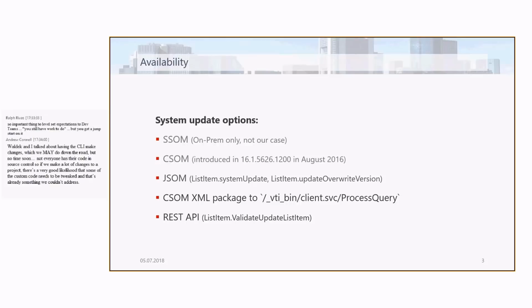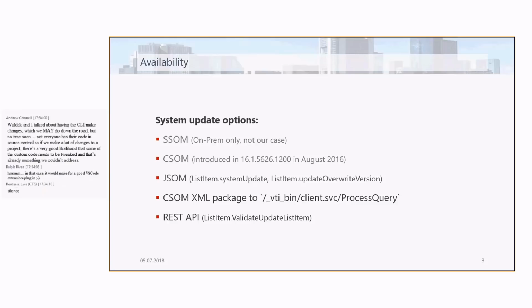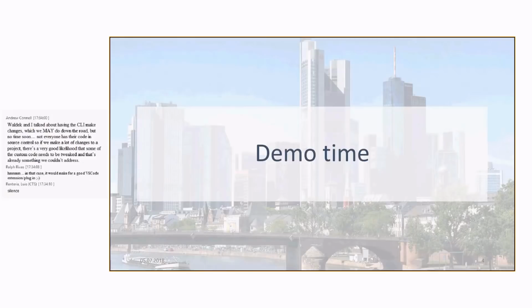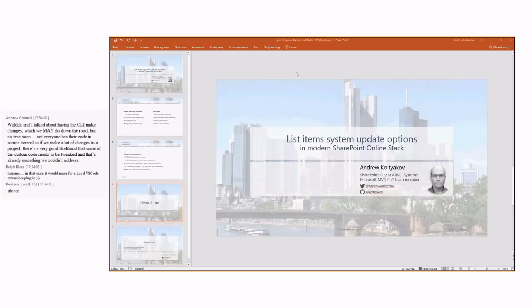Currently, in the SPFx and serverless era, it's not fashionable anymore to use JSOM and load heavy SP.js and all this stuff. So we consider other options like raw JSON requests with crafted XML packages and REST as a default API when possible. Okay, so let's get our hands dirty with some code.